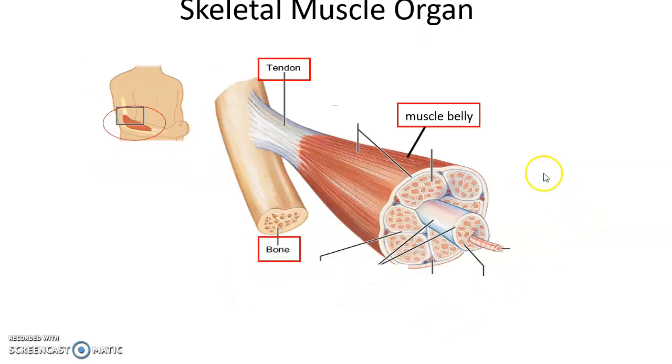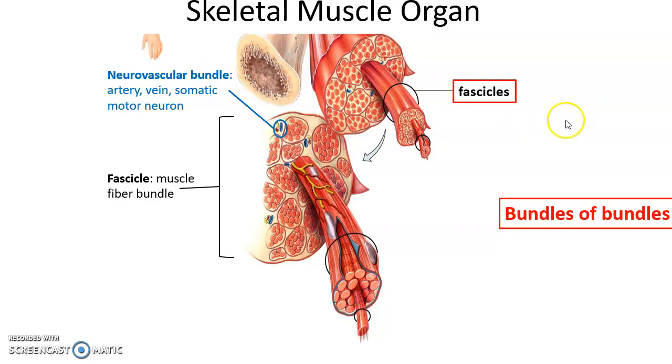All right, here is a cartoon of a muscle organ. The muscle organ is attached by a tendon to a bone, the most common way skeletal muscles are attached to structures. The red part where all the muscle fibers are is called the muscle belly, and that's attached by tendon to the bone. If we take a close look at the muscle belly, we see that it is made up of long column-shaped structures called fascicles.